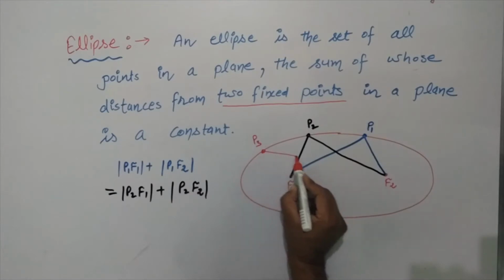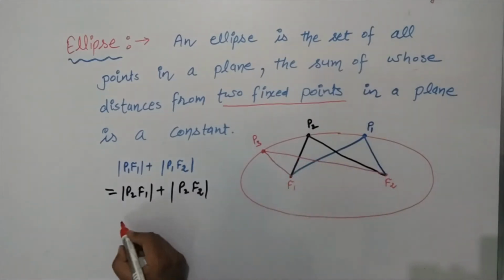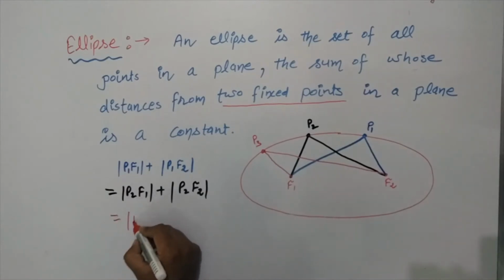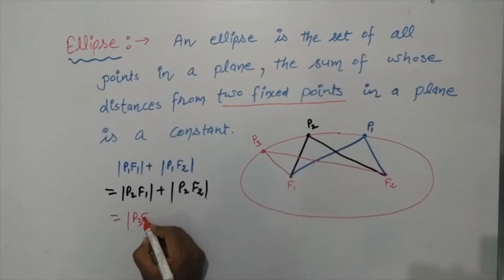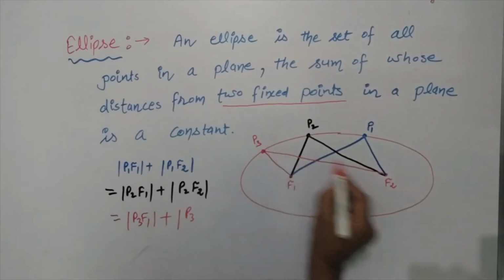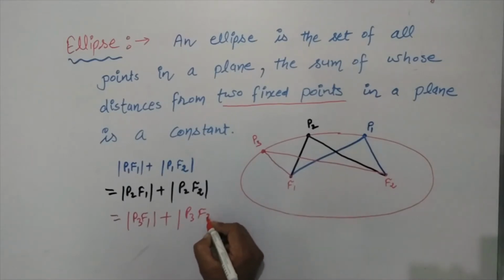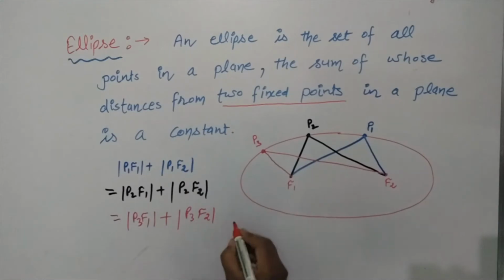Now the sum of the distances is from P3 to F1 plus from P3 to F2. So these distances remain constant, suppose they are equal to K. So this is what the definition is saying about ellipse.